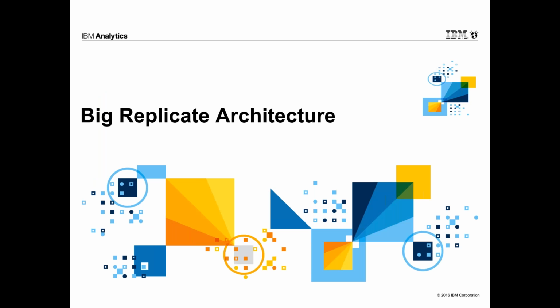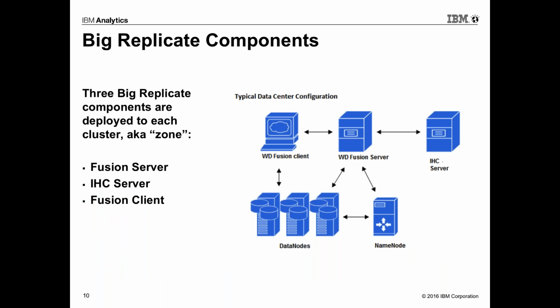Next, I'll talk a little bit about the architecture behind BigReplicate, namely how this patented WANdisco Fusion server works. There are really three key components in IBM BigReplicate, and I'll go into details of each of these components.